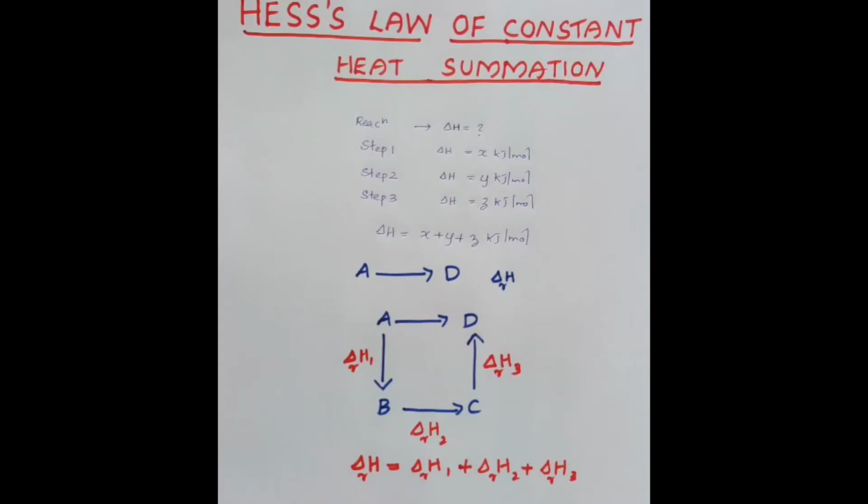According to this law, the enthalpy change in a particular reaction is always a constant and is independent of the path or manner by which the reaction takes place, whether it is 3-step or 4-step or 5-step, the overall enthalpy change is a constant. It is irrespective of the path.